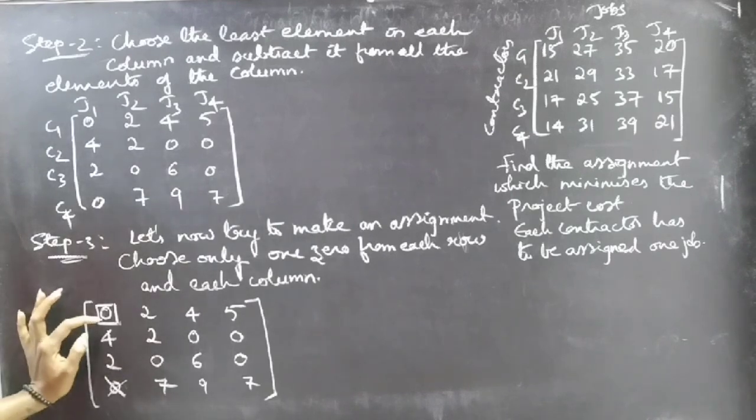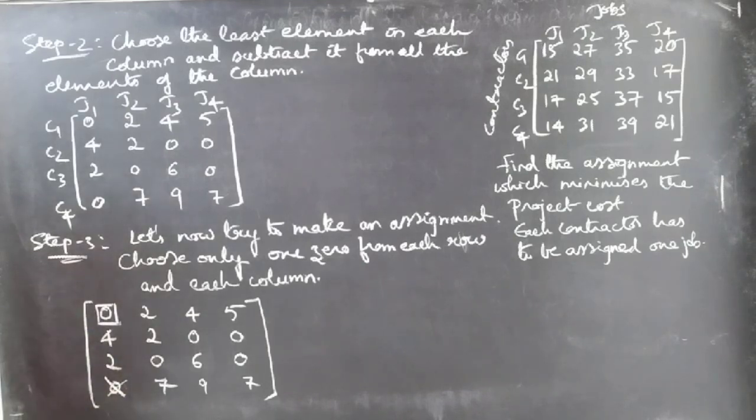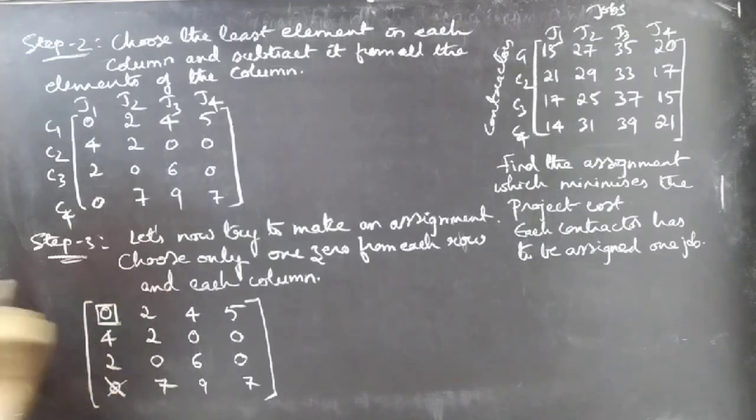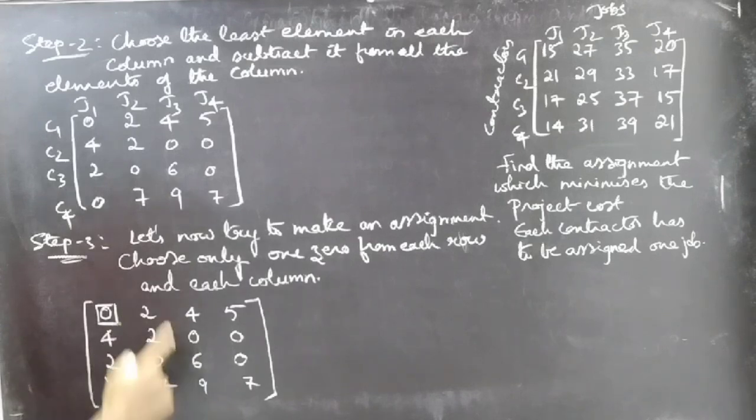Okay, since we have marked the 0, there is one more 0 which exists in this column, so we'll cross that 0. Okay, now if you notice, you're having 2 zeros in the second row and 2 zeros in the third row, right? Now let's check the columns. In the first column already we have assigned 1, and in the second column we have one single 0, right?